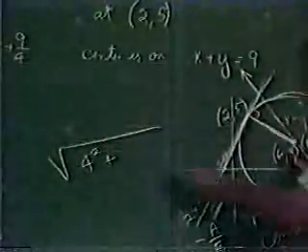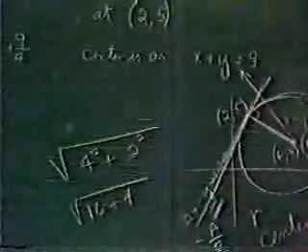Let's go back and look at our figure. If this is (6, 3), the distance from here to here is the square root of (x minus x) squared plus (y minus y) squared. So looking right over here, that would be the square root of 6 minus 2 is 4 squared, 3 minus 5 is 2 squared.